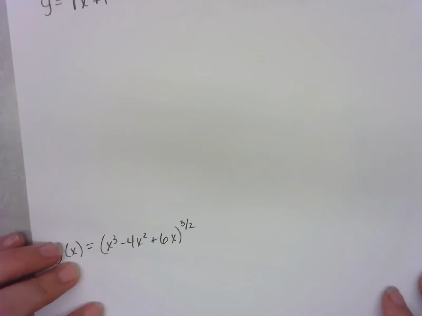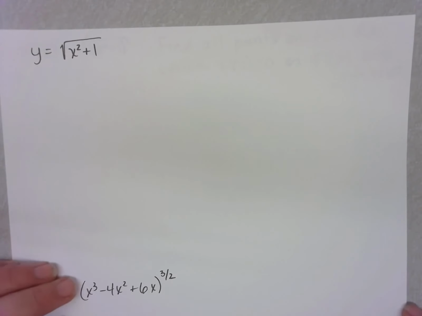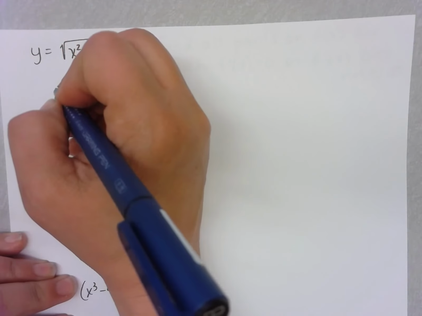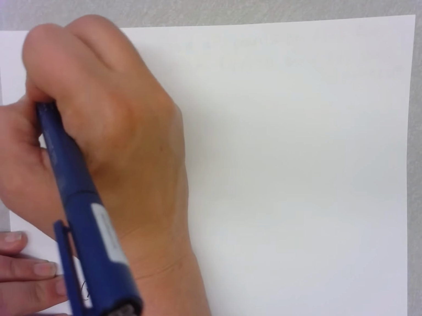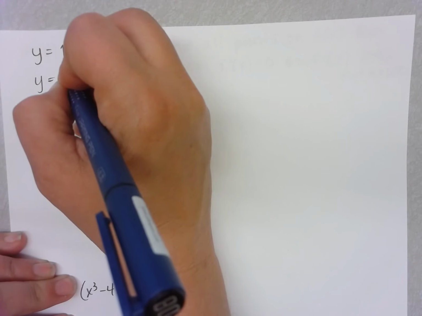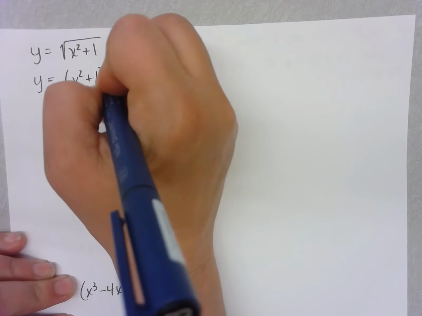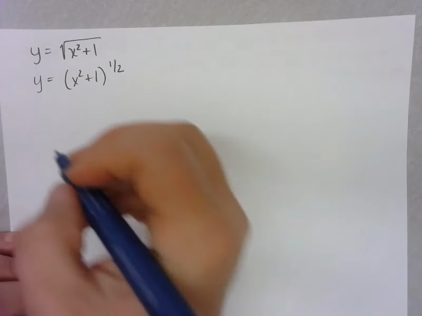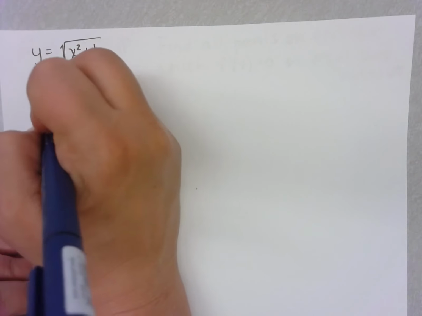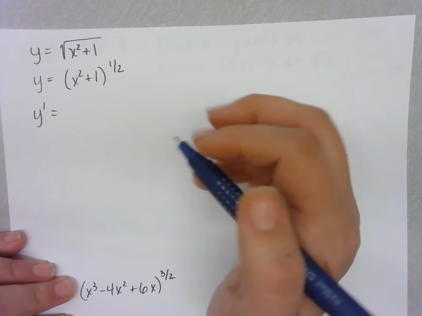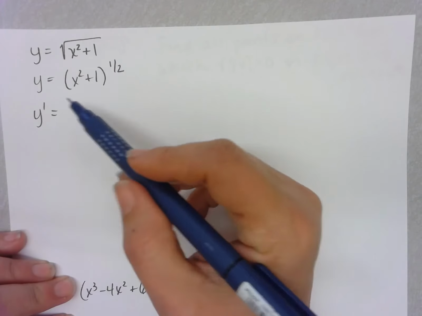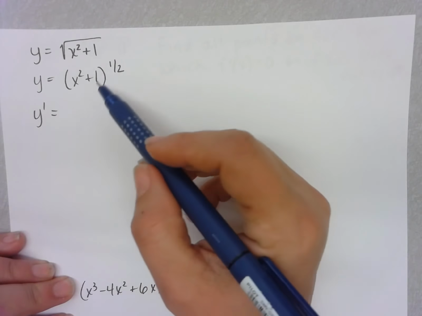Okay, so let's do a couple of examples. All right, so I'm going to rewrite this first of all as x squared plus 1 to the 1/2 power. So my y prime will be equal to, the way this works, we call it the general power rule, we just take the derivative of the outside, right?